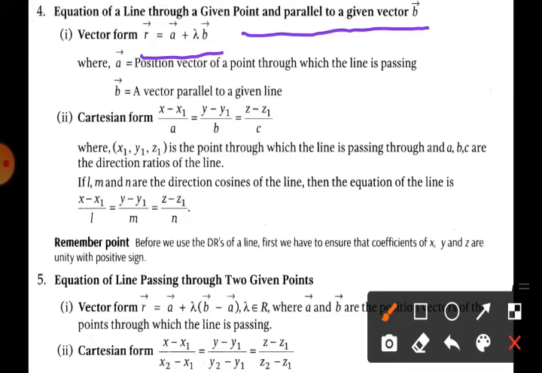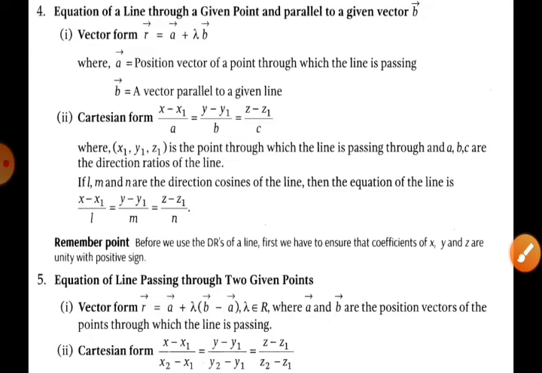The Cartesian form is (x minus x1) by a is equal to (y minus y1) by b is equal to (z minus z1) by c. Suppose we take the direction cosines l, m, n, then the Cartesian equations are (x minus x1) by l is equal to (y minus y1) by m is equal to (z minus z1) by n.